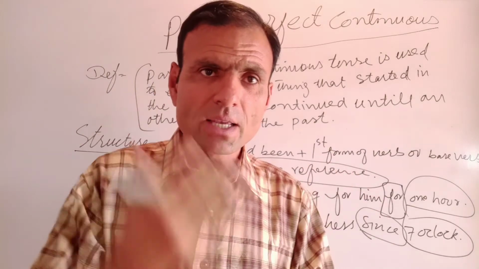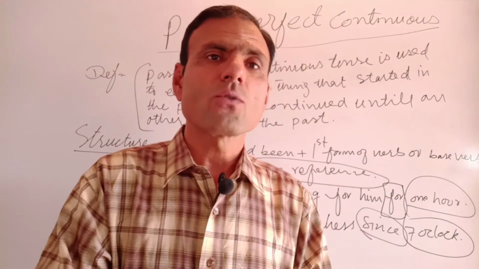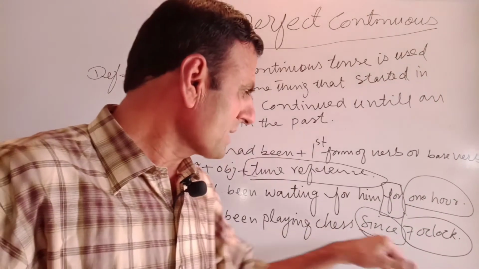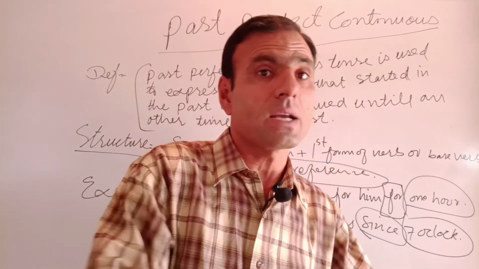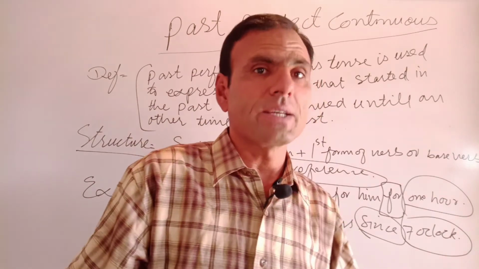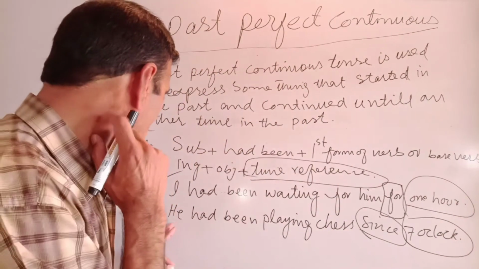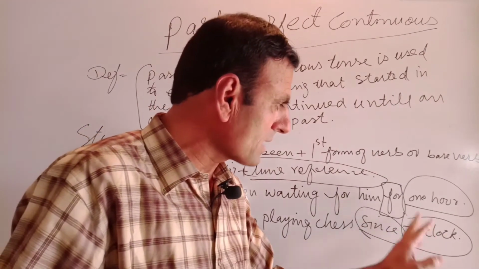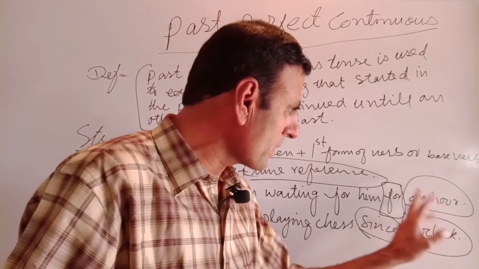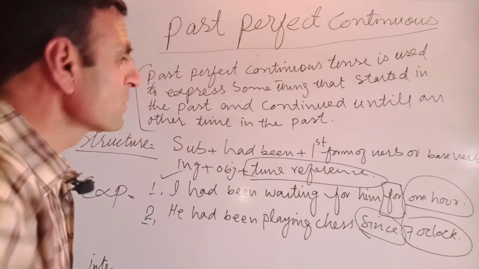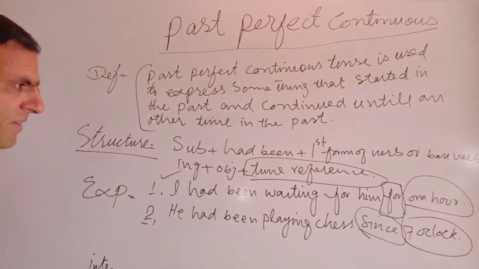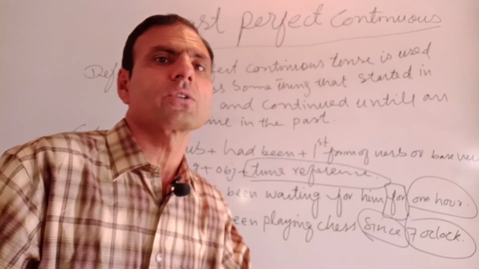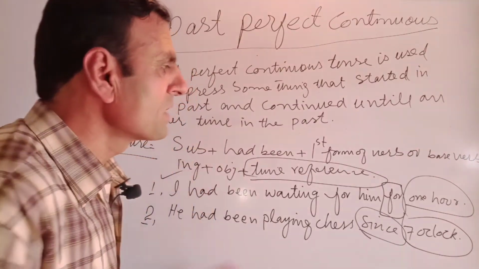If he says chess since 7 o'clock, it means we are talking after 7 o'clock, it's 8, 9, 10 or even later. So 7 o'clock is a known time and we use since here. 1 hour is an unknown time, so we put for here. This is the major difference between since and for. For known time, since. For an unknown period of time, for. This is the time reference.